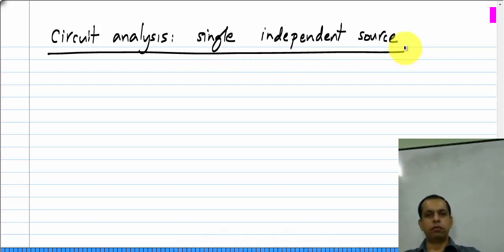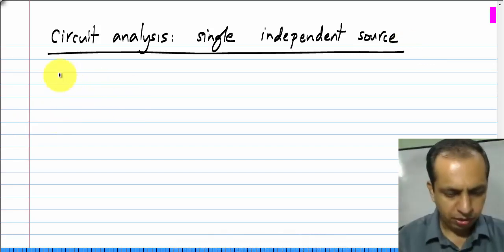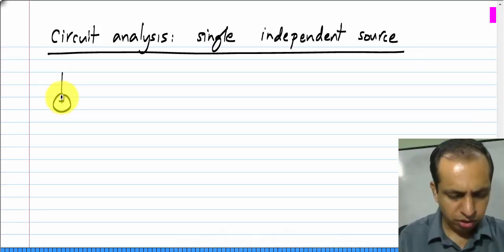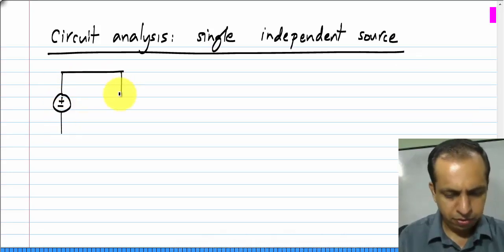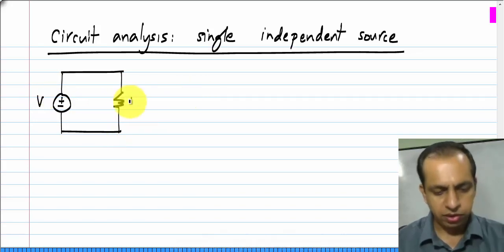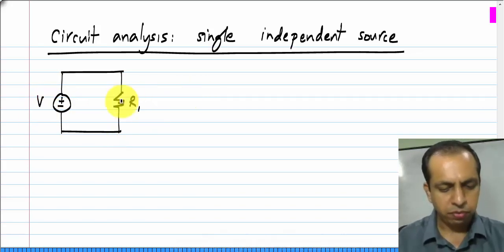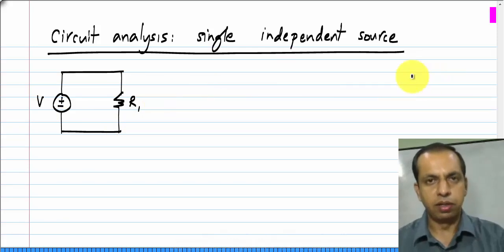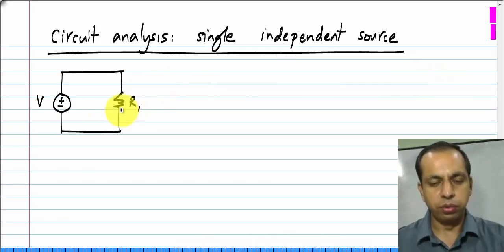So, now we will first start from a really simple example and then work our way towards more complicated examples. Let us say we have a circuit like this, an independent voltage source connected to a resistor. Even before I wrote down the circuit, you know the answer.